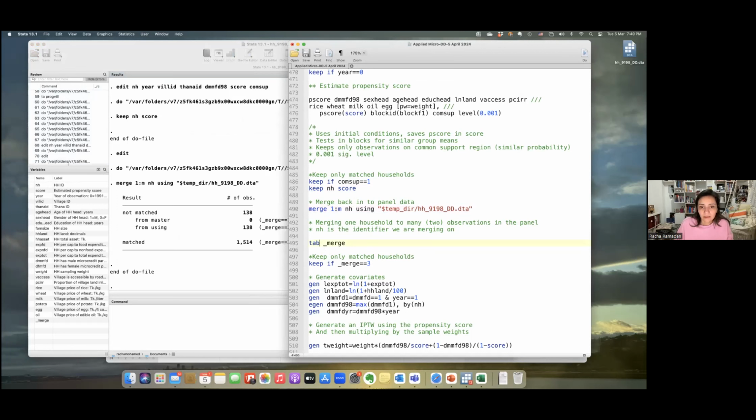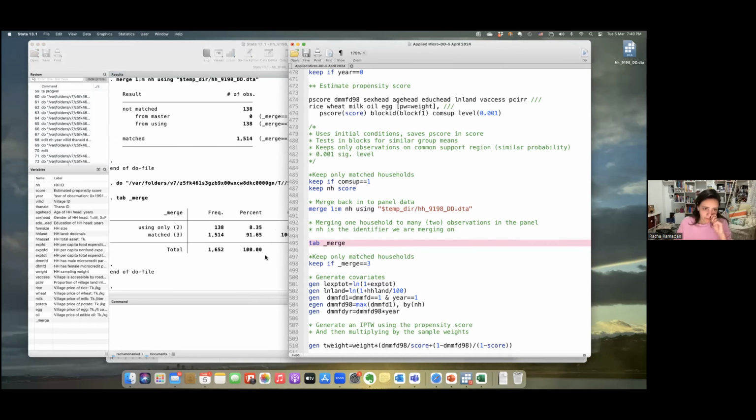If I tab merge, everyone is aware of the command merge and what the results of this command are? Yes. Okay, perfect. Thank you.